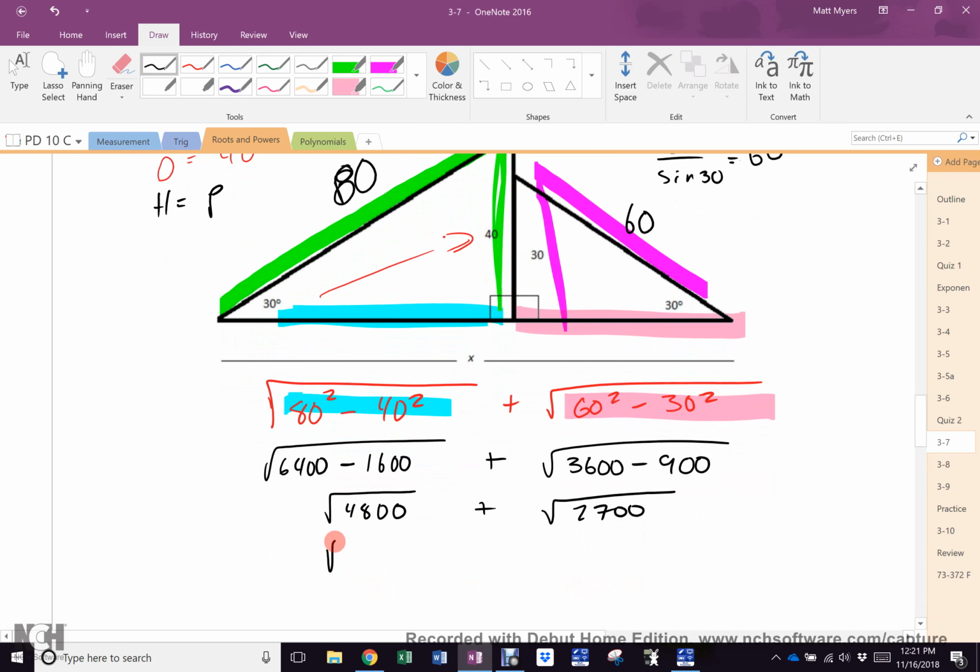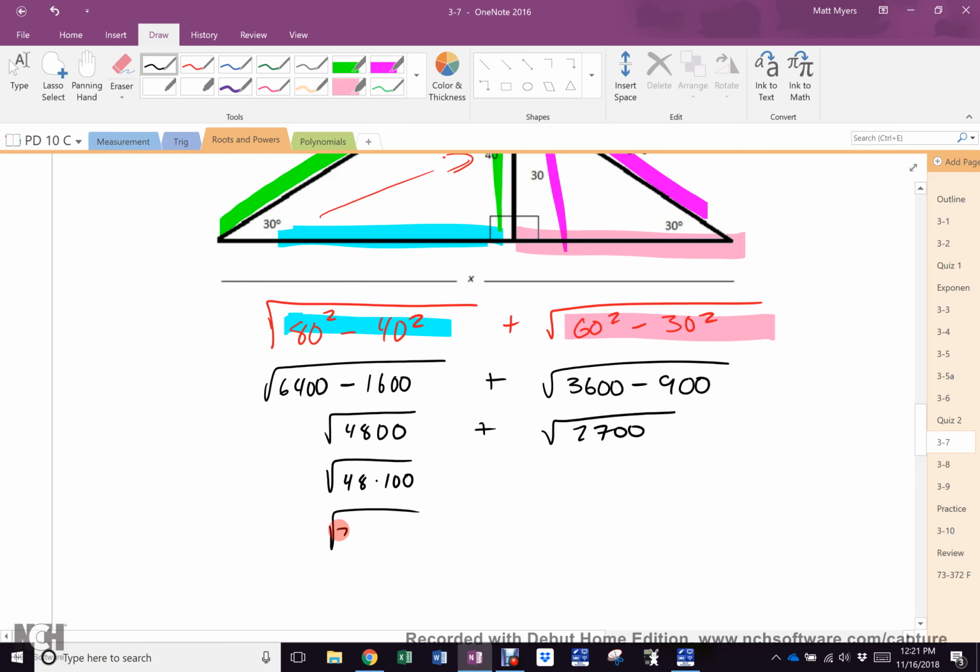Isn't that 48 times 100? And isn't 48 3 times 16 times 100? Why did I choose 16 and 100? Because they're perfect squares. Isn't this 27 times 100? And isn't 27 3 times 9 times 100?